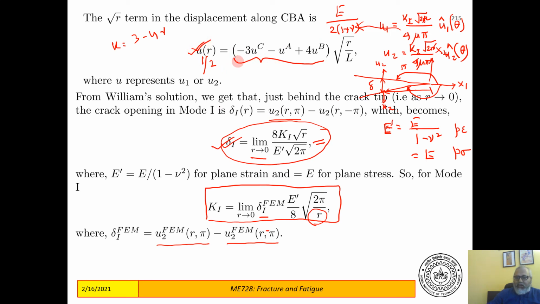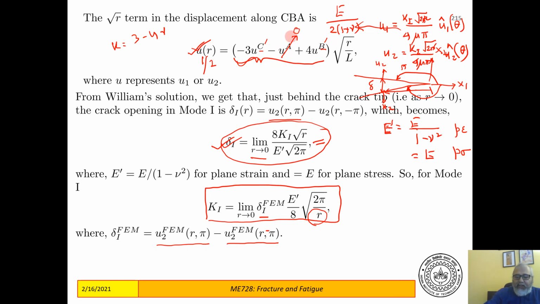It's given in terms of the nodal coordinates, out of which UA is equal to 0. To get U at R, pi, you take the nodes C and B. To get U at R, minus pi, you take nodes C prime and B prime. UA is the crack tip node, so this is always 0.